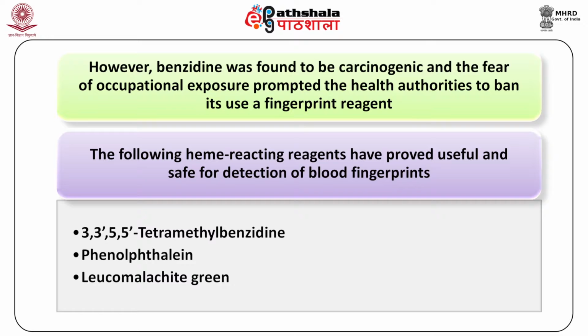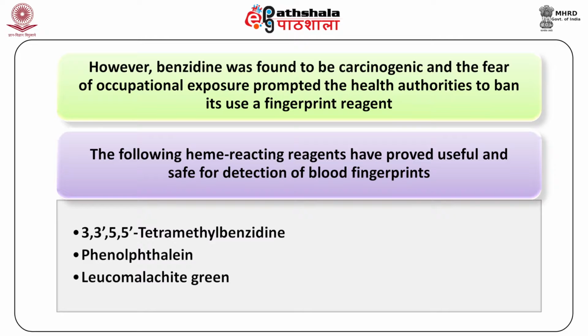Subsequently, however, benzidine was found to be carcinogenic and the fear of occupational exposure prompted the health authorities to ban its use as a fingerprint reagent. The following heme reacting reagents have proved useful and safe for detection of blood fingerprints.